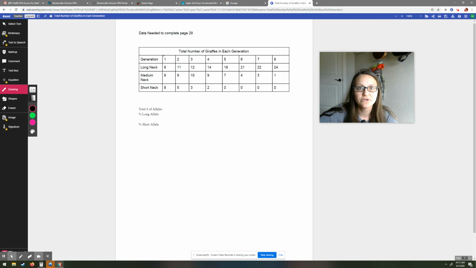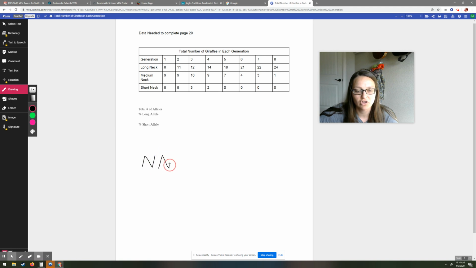All right, so let's do generation one. In generation one, it says that there are 8 giraffes with long necks. I'm going to use the letter N to represent this.